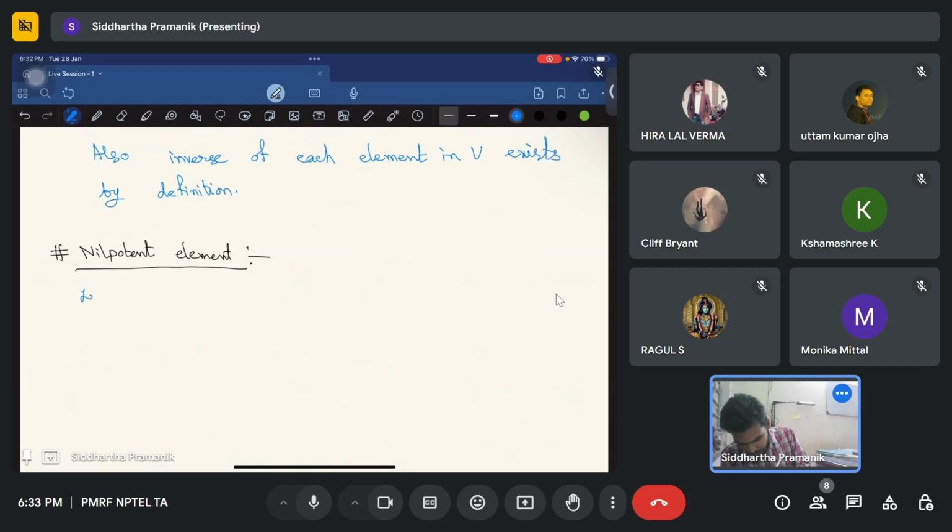So let R be a ring, then an element, let's say X belongs to R, is said to be a nilpotent element.